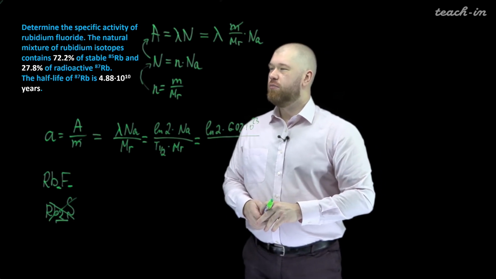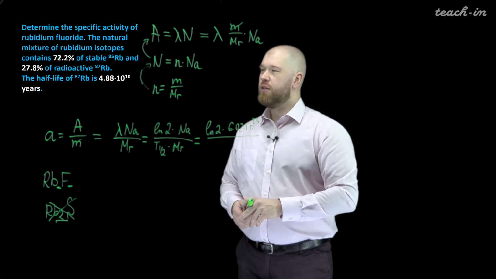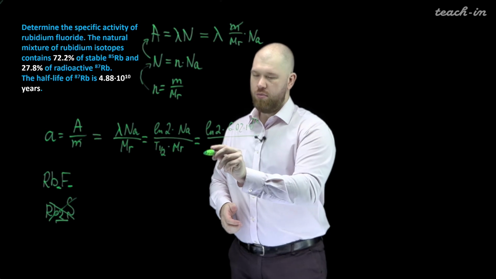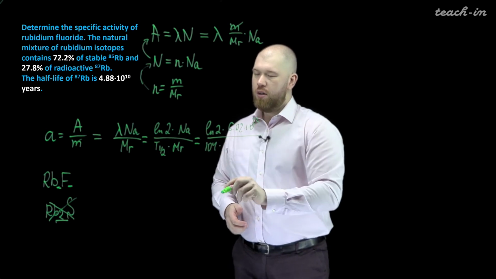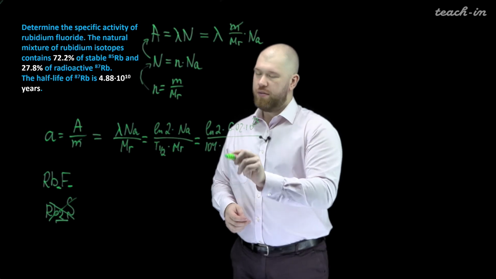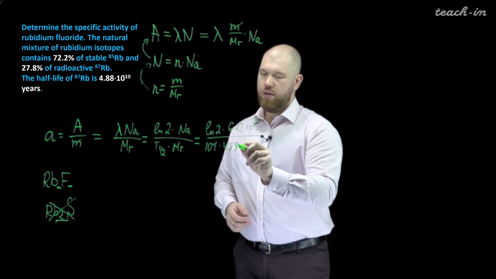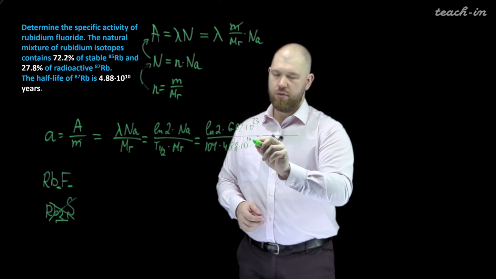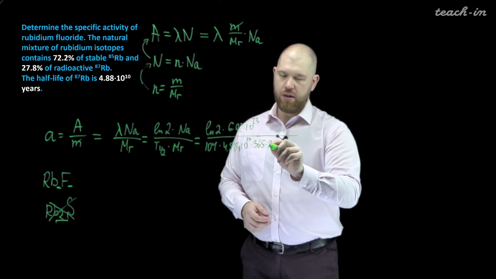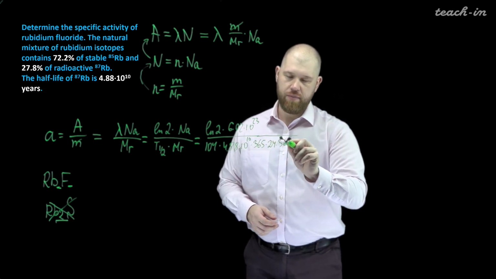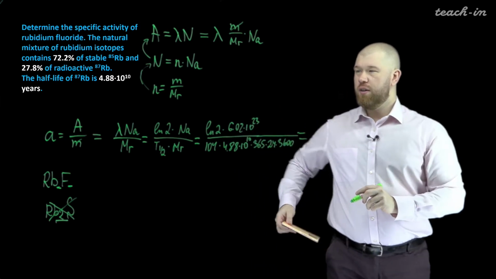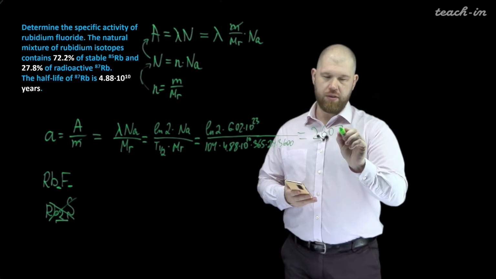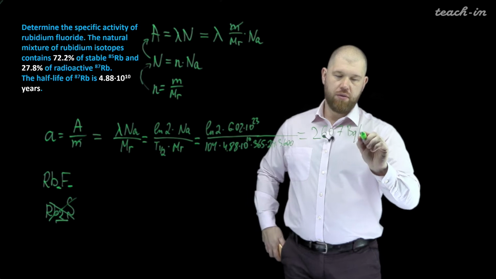For rubidium fluoride, it is 85 plus 19, so it will be 104. And the half-life is in years, but we should convert it to seconds, so it will be days, hours, and seconds. And thus, finally, we will get 2007, let's say, becquerel per gram.